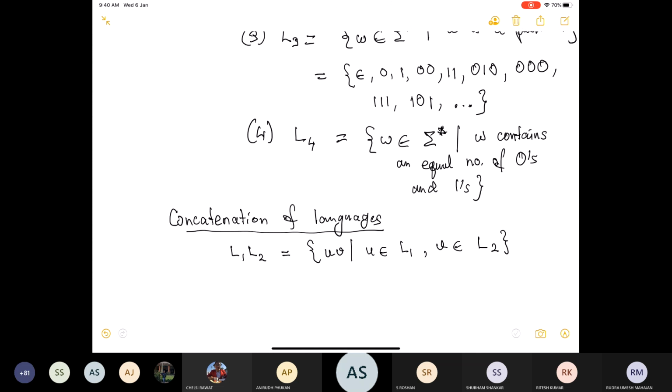Then you can also define powers of languages.